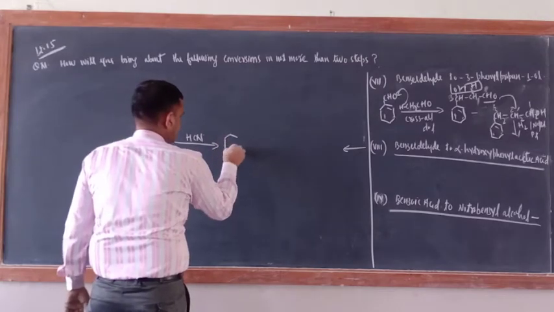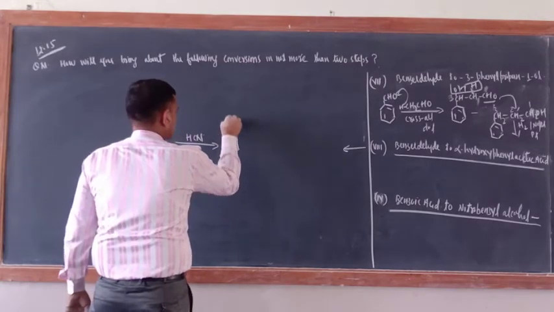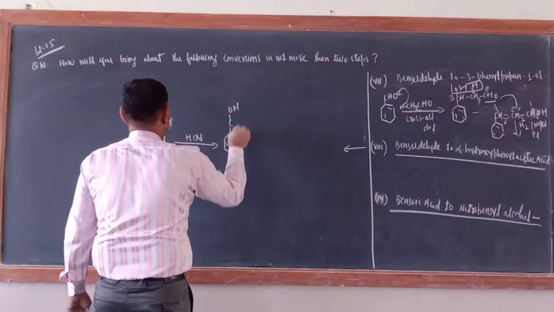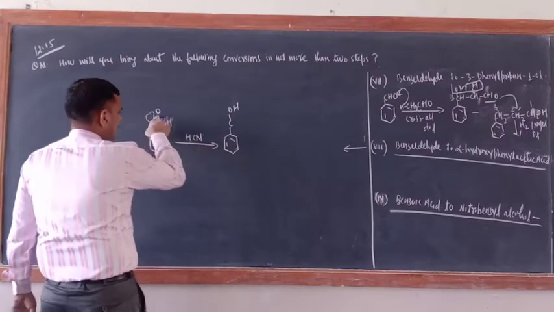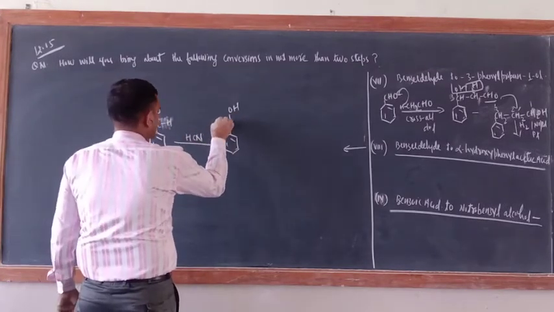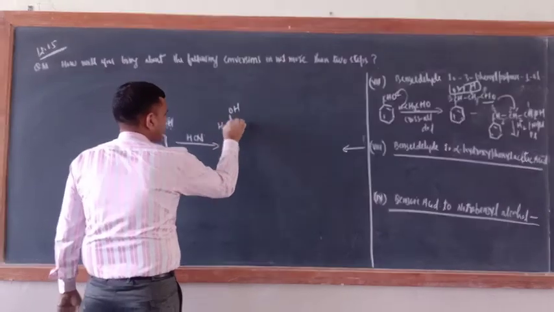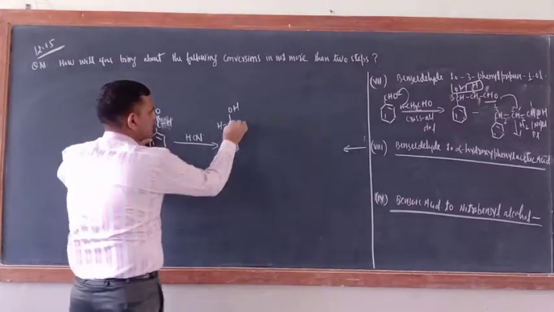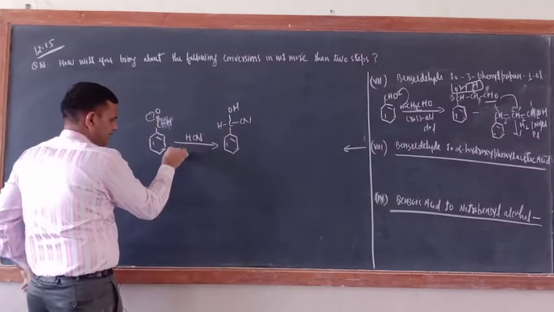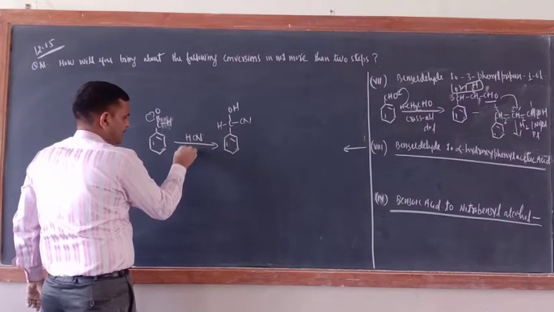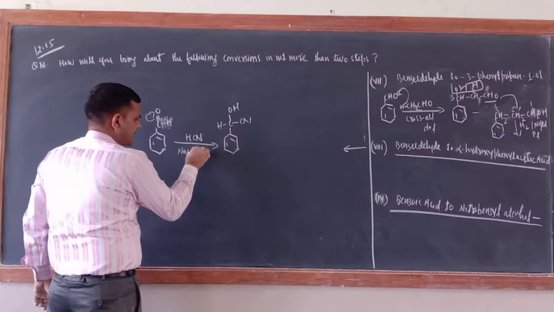This is COH, correct? H is here, and here one valency will be generated free, so CN will be there. How will CN form? This will react with NaCN plus HCl.